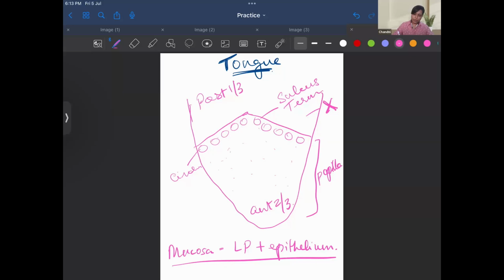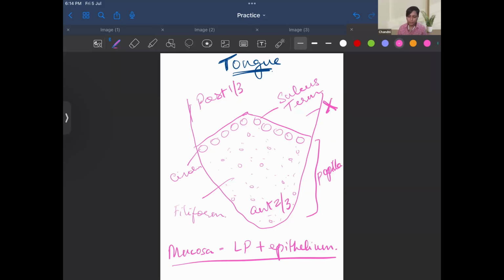Can anybody tell me the most numerous tiny papillae on your tongue, which actually gives the rough texture on the surface of your tongue? Can anybody in the chat box tell me what those are called? Filiform, correct. Other than this, fewer but a decent number. What am I drawing here? Slightly bigger, mushroom-shaped, rounded top.